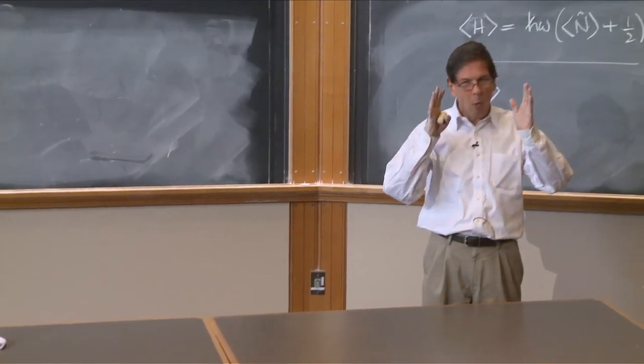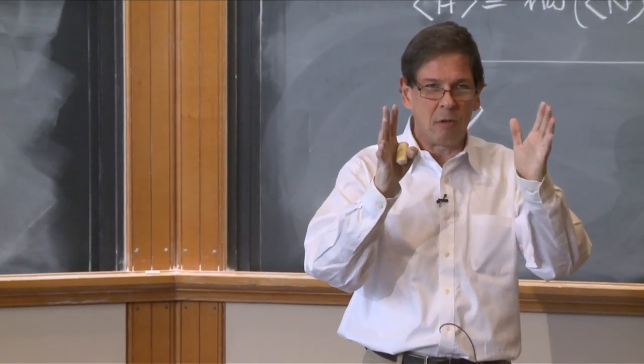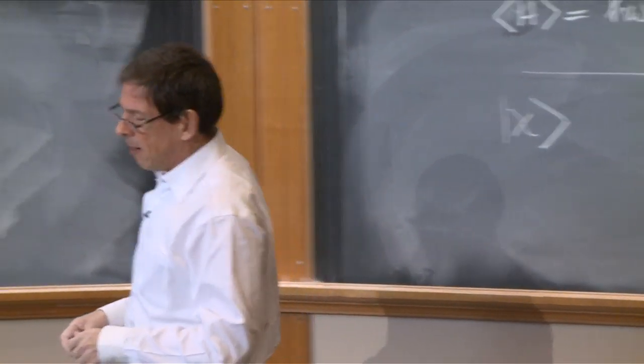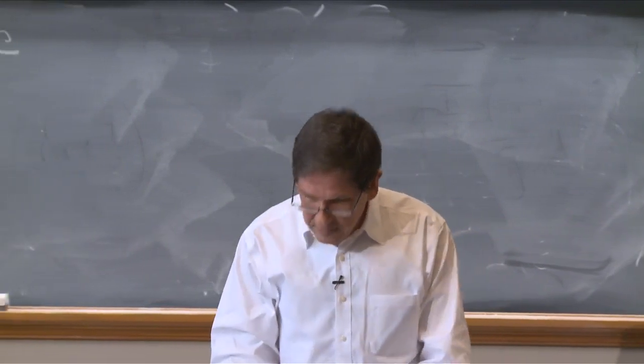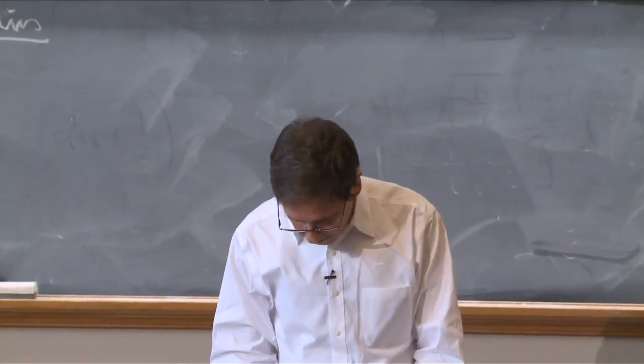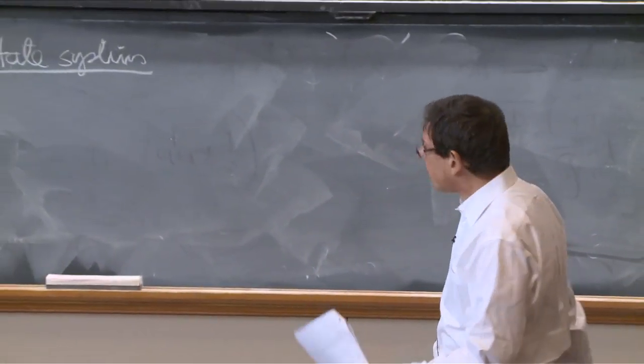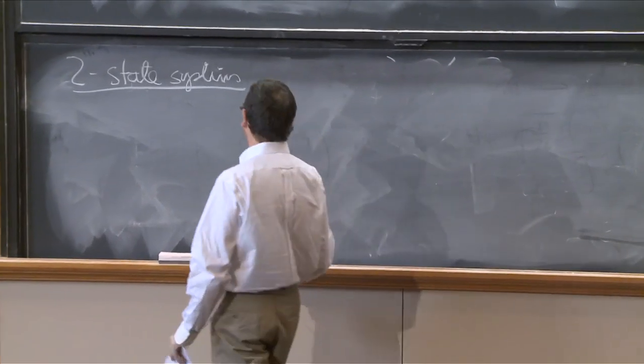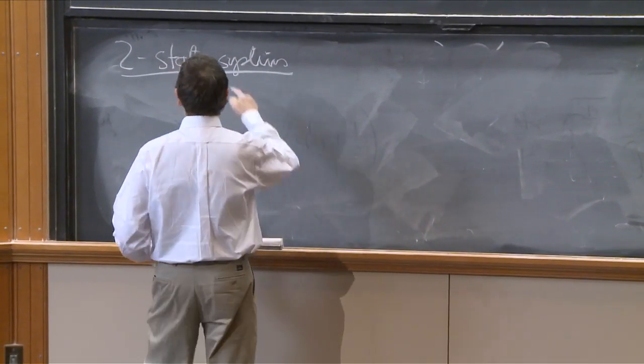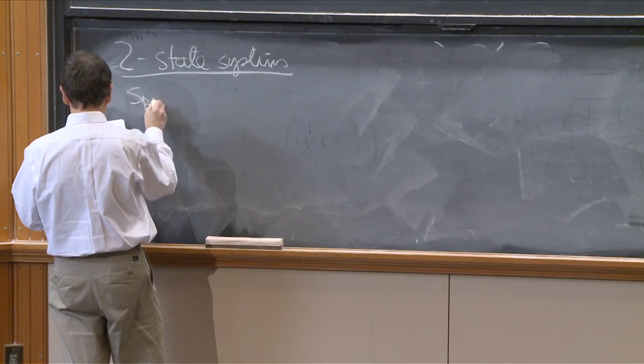So we do the one thing we haven't done rigorously so far, and then we'll exploit this analogy to some point. So what was our discussion of spin? Two-state systems, and we begin with spin precession.